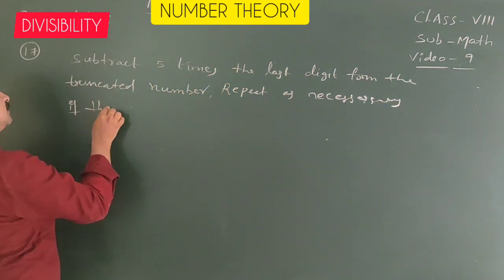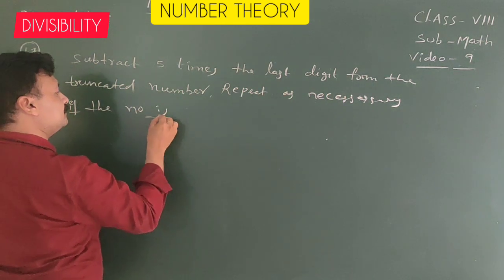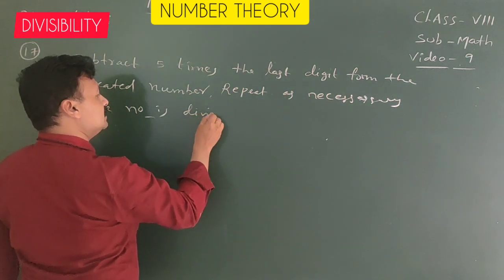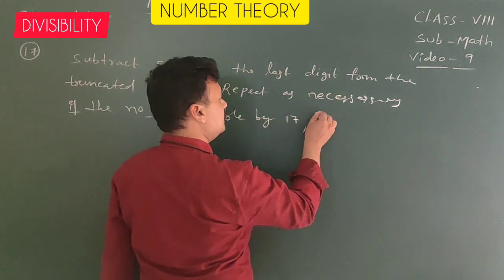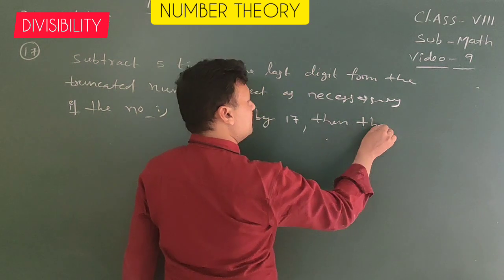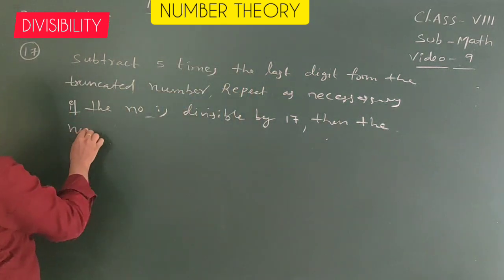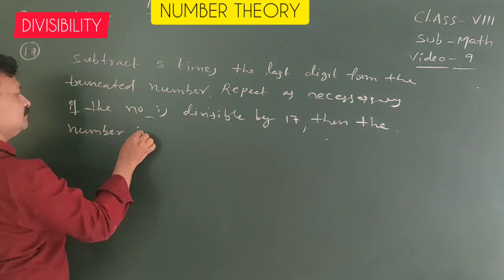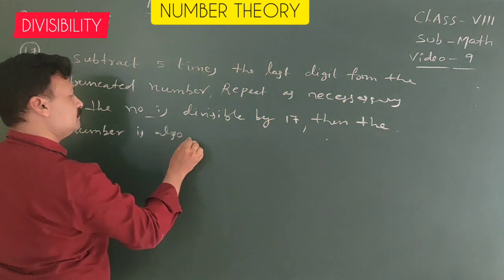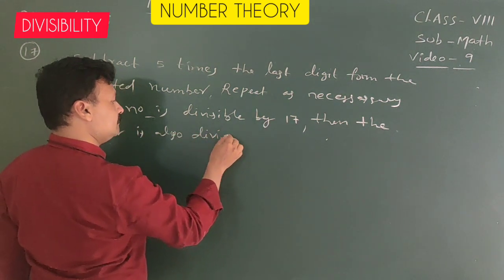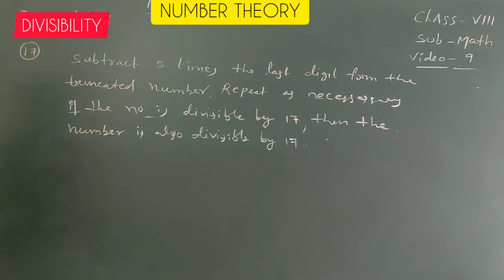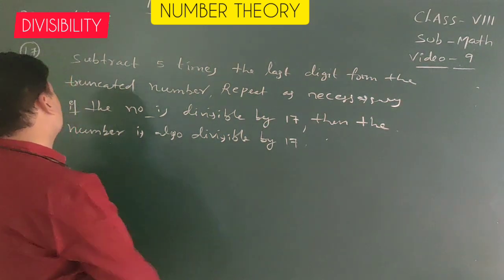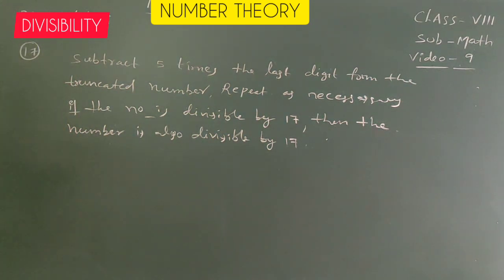If the number is divisible by 17, then the given number is also divisible by 17.